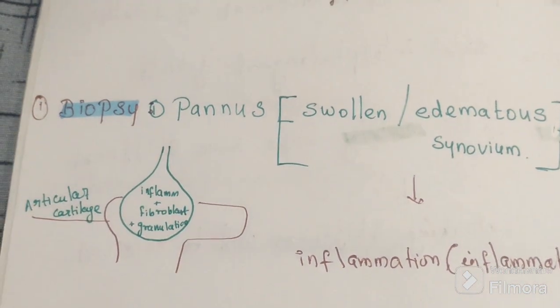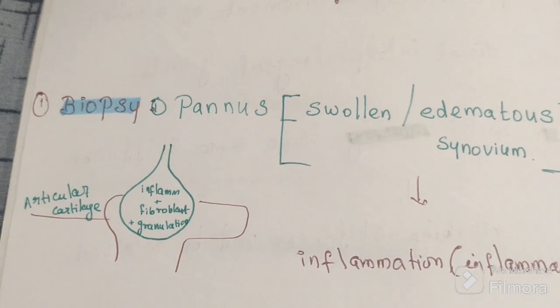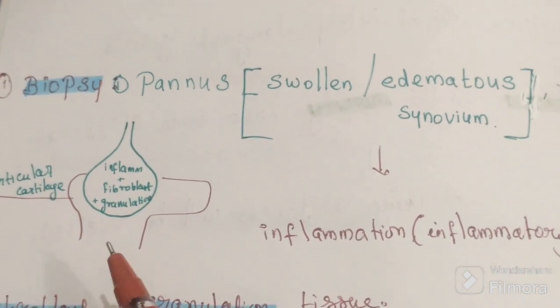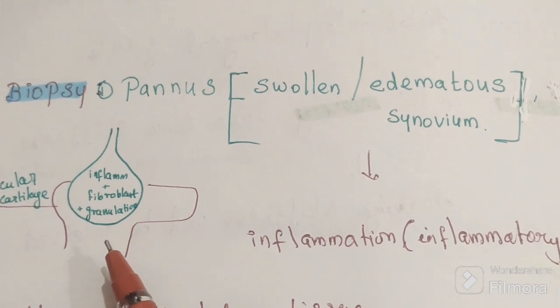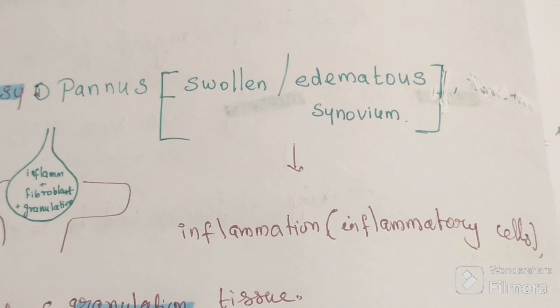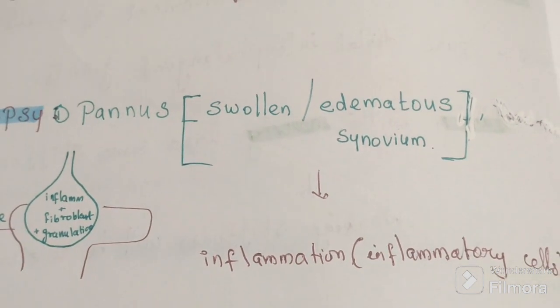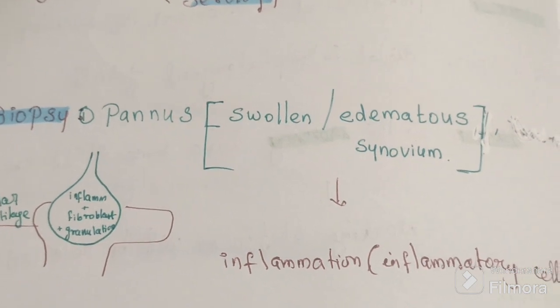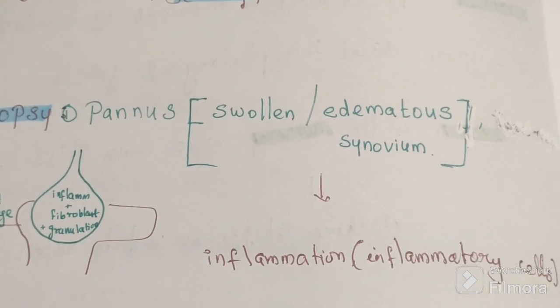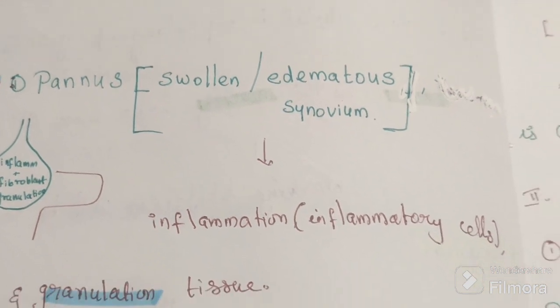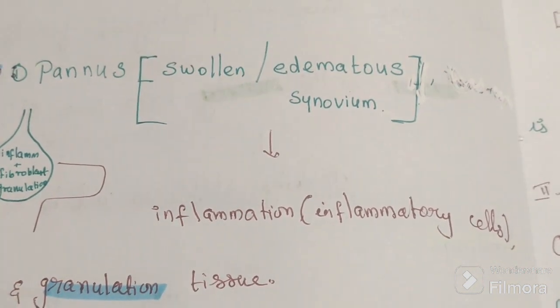This is a diagrammatic representation of articular cartilage and a swollen or edematous synovium, which is called pannus.